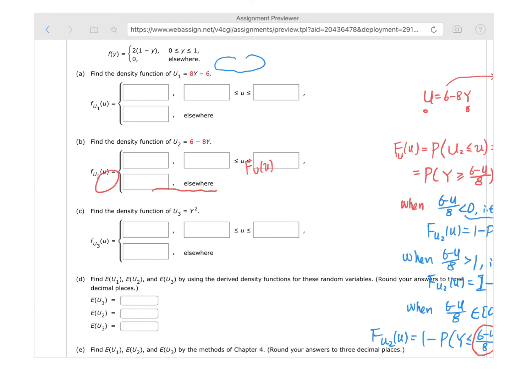If everything's right, then F_U2 of u equals 0 when u is less than negative 2, equals (2 plus u) over 8, squared, when u is between negative 2 and 6, and 1 when u is greater than 6. Oops, I forgot the square, I'm sorry. Now f of u, lowercase f, is just the derivative. So find the derivative of that, and I'll leave that for you. That's my hint for this particular problem.